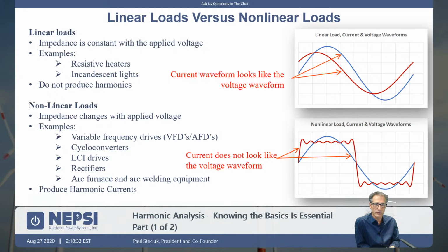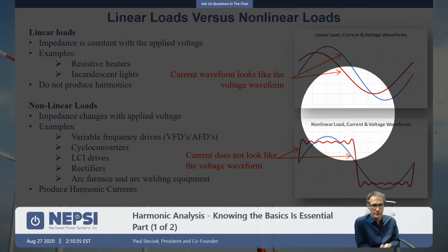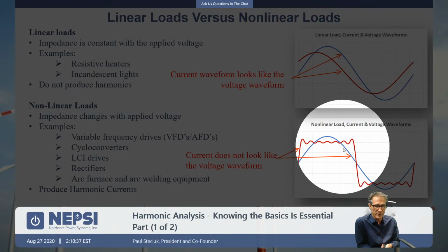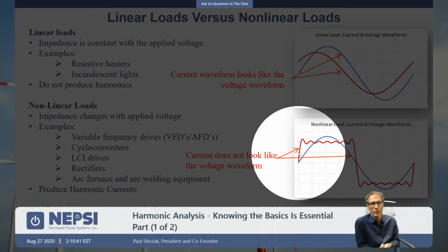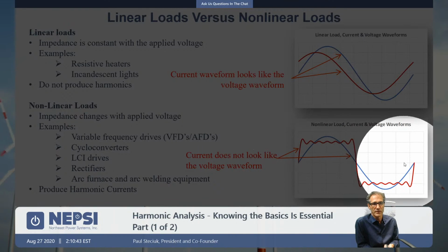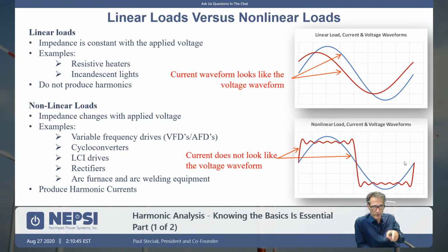But with nonlinear loads, you may input the blue waveform here, a sinusoidal voltage, and you get a square wave, and that's the red. So we put a sinusoidal voltage across the load, and the current that flows through that load is a square wave or some other shape. The issue with harmonic analysis is, how do you do the analysis here?